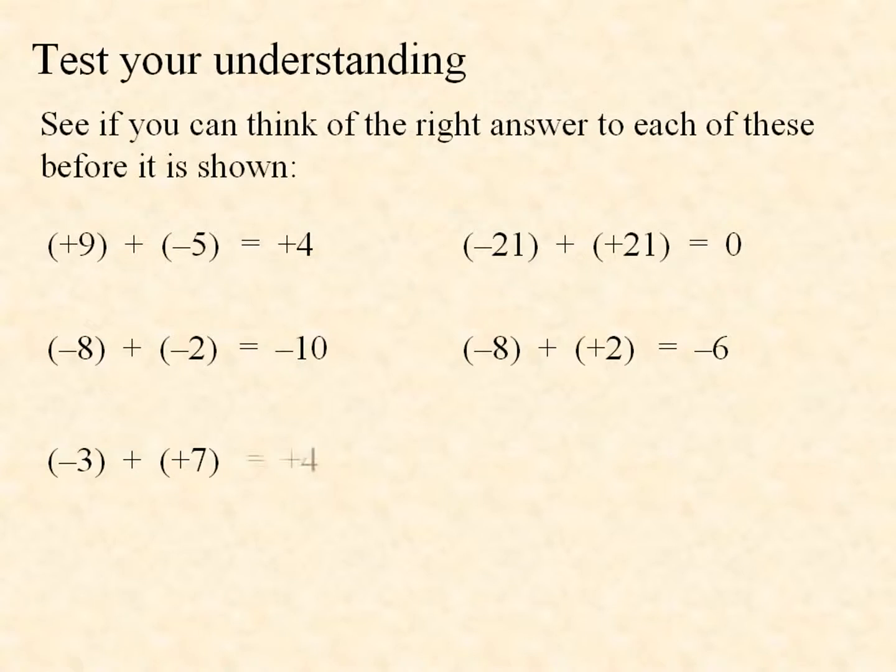The answer is +4 because the 7 is bigger in absolute value. -9 plus +2. The answer is -7 because the -9 is bigger in absolute value.